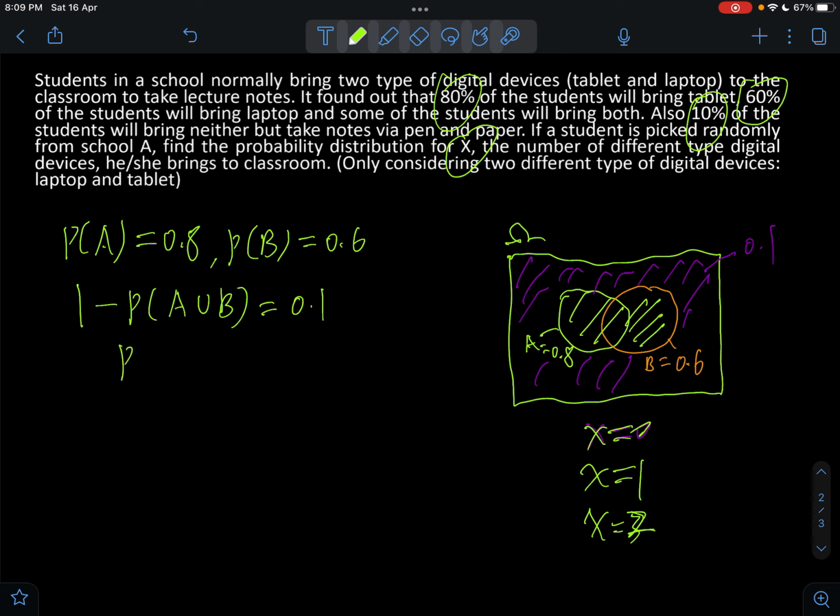So we know that this quantity is equal to 0.1. So we know that the probability of A union B is equal to 0.9.